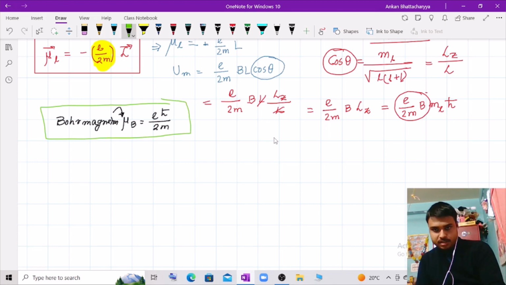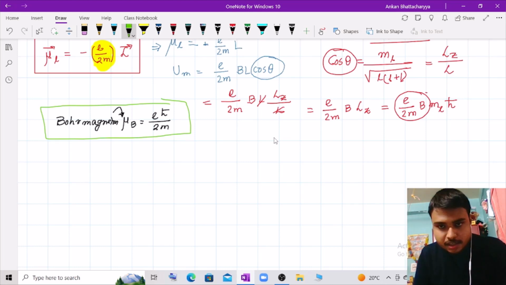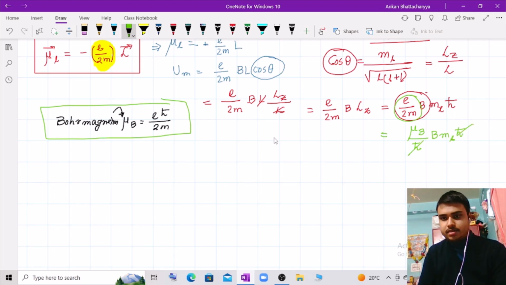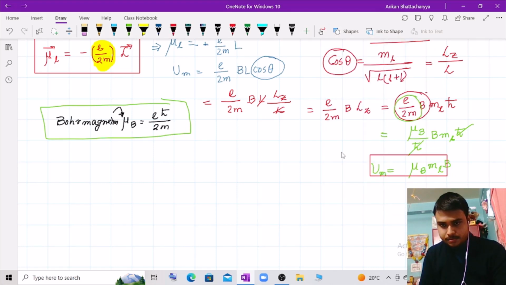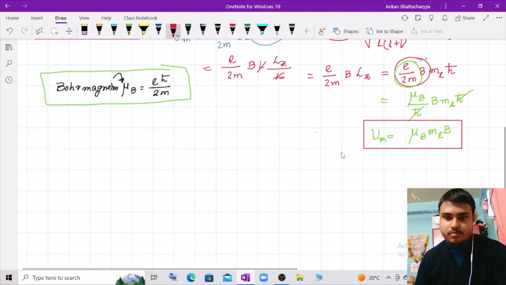So if we substitute this with the help of Bohr magneton, then e by 2m can also be written as mu b by h line. So this h line will be cancelled out, and this will become mu b ml into B. So this is the magnetic energy which we have obtained.